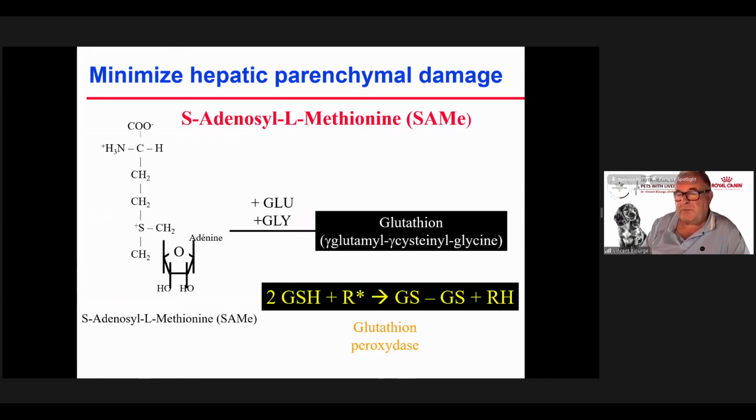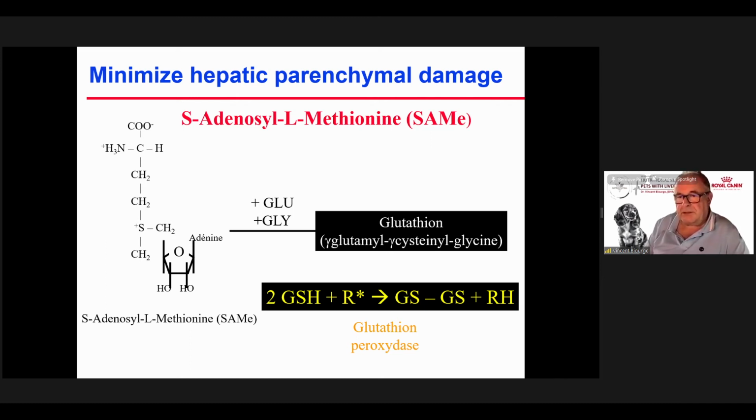Just very briefly here, if you read a chapter on nutrition and liver disease, you will see the name of those compounds. Those compounds are not present in diets, but they are sold, at least in America. In Europe, it's a bit more difficult, but in America, they are sold in drugstores in support of renal function and liver function. And so this one is a precursor of glutathione.